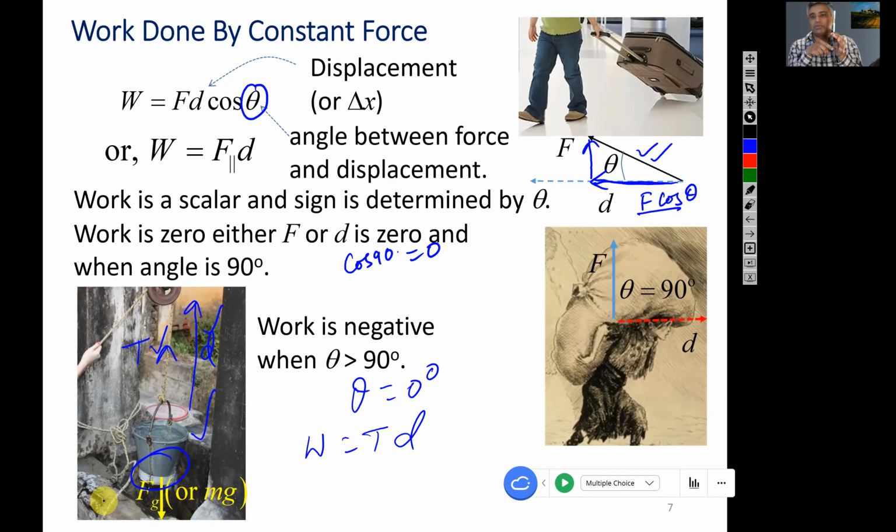So gravitational force is doing negative work, tension is doing positive work. So that's why we have to watch carefully when we are asked to find work done. Work done by what force? Always ask that question before you actually start solving the problem, okay?